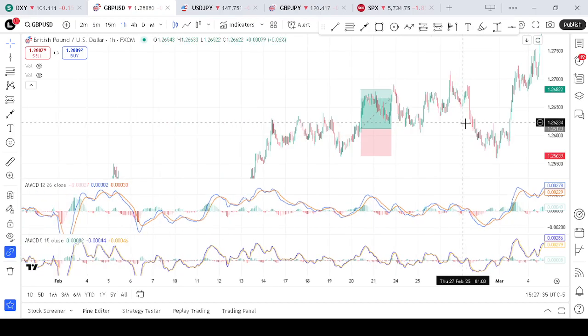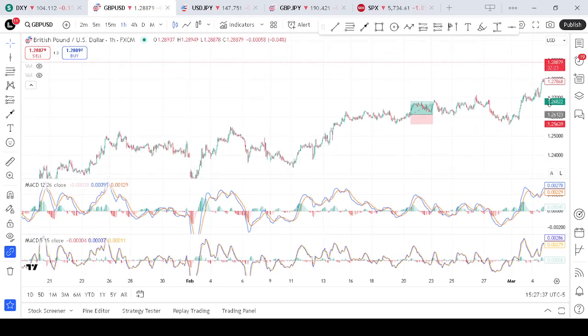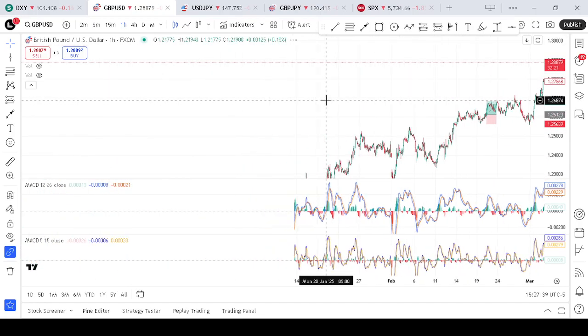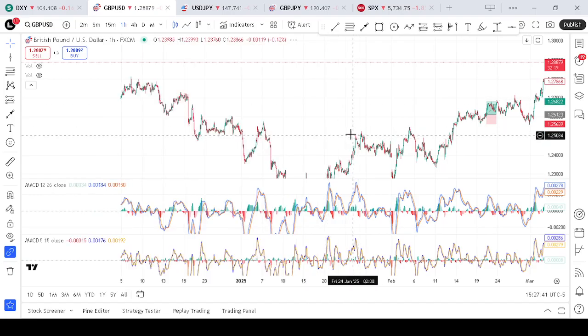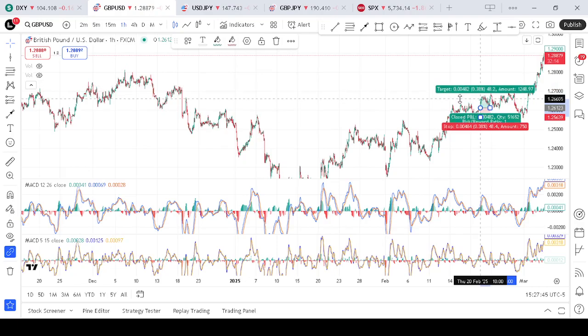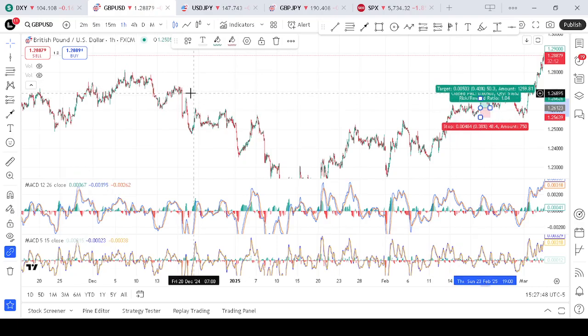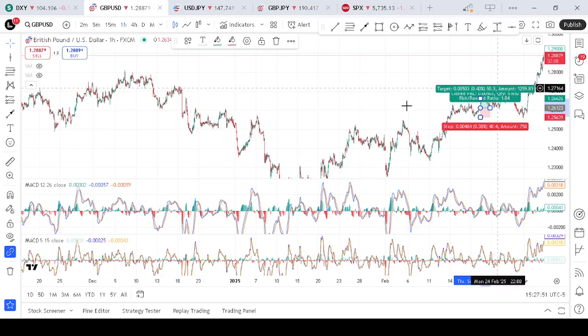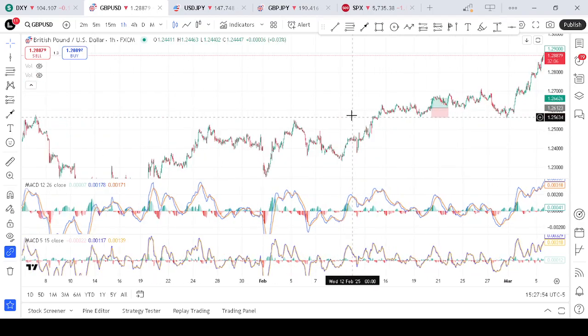You can check back in time to target a previous support or resistance level in price where you might be able to exit your trade. Like this area here, this area was a previous resistance level, so you can take your trade off that area.